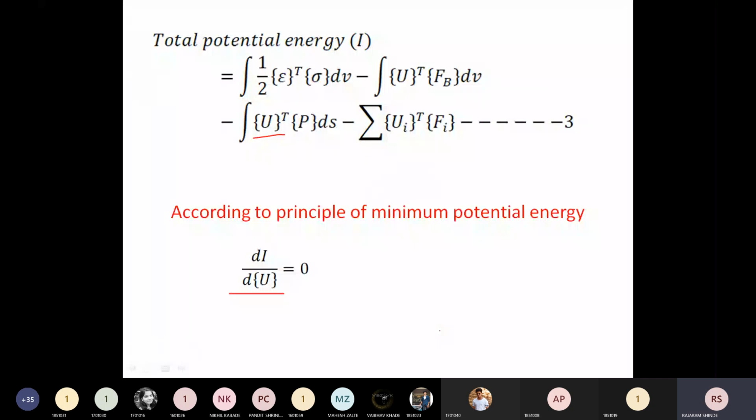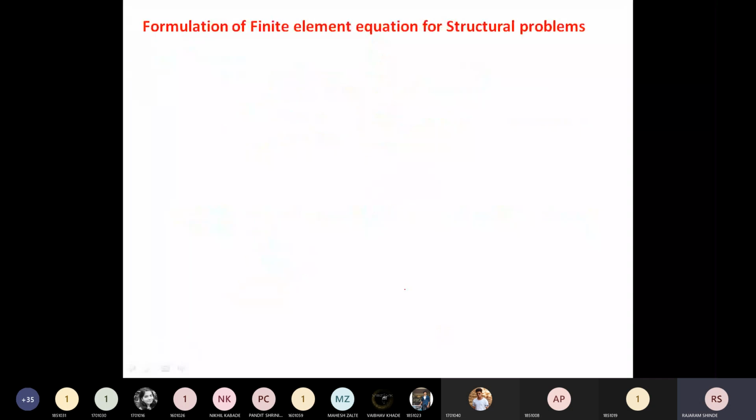Now I will start the formulation of the finite element equation for structural problems. The finite element equation for the structural problem is formulated by using the principle of minimum potential energy. That means potential energy is minimum when the structure attains the equilibrium condition.